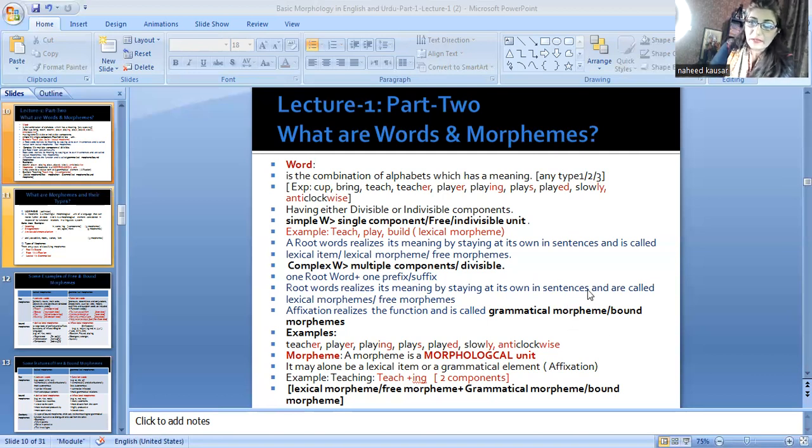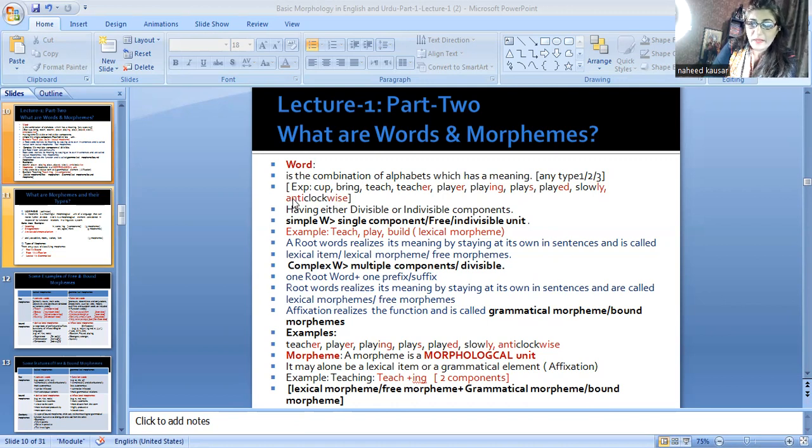Now, consider the last few examples, where the later parts are marked in red ink, like ER, ing, S with plays, ED with played, and slowly, LY attached at the end of the adjective slow, and the word anti-clockwise.